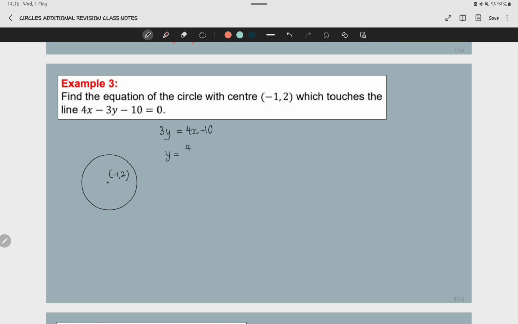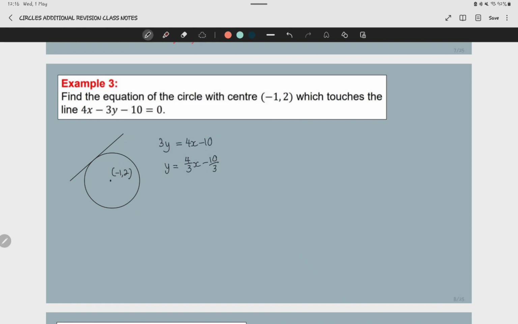So y equals 4 over 3x minus 10 over 3. So it's a positive slope, right? Positive gradient. So for example it is here, a tangent here. We never know, this is just visualization. Remember, when we are solving geometric questions like this circle, we tend to visualize and imagine, because without imagination you cannot solve anything.